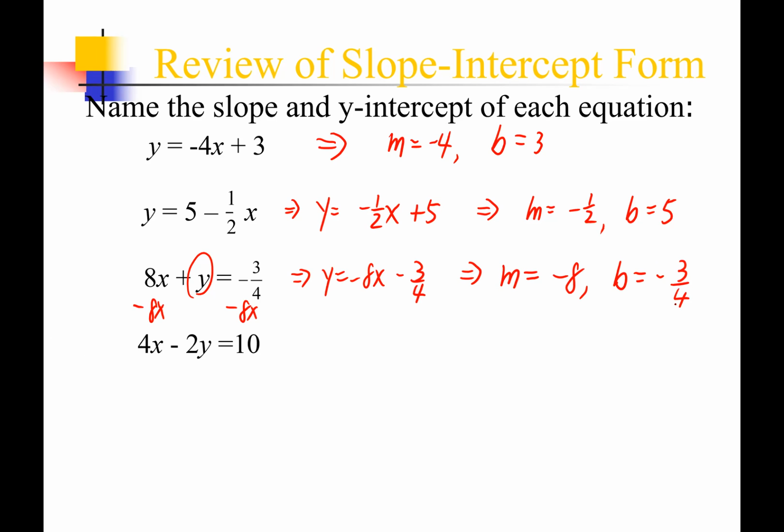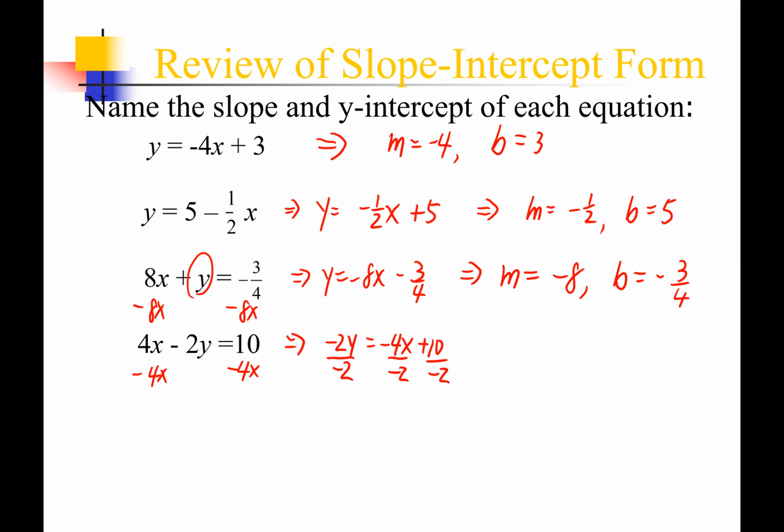Okay. And this one requires a little bit more work. First of all, you subtract 4x from both sides of the equation. Okay, and we end up with -2y equals -4x, adding 10. Now, in order to get rid of the coefficient in front of y, we divide every single term by -2. Very crucial, right?